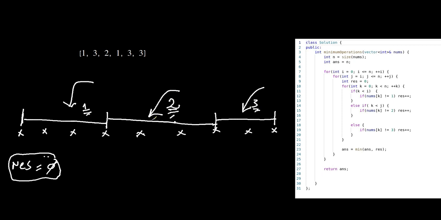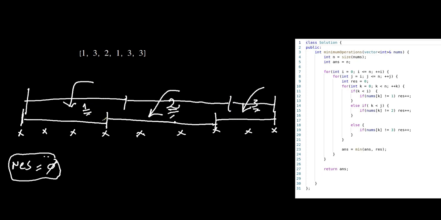Then we need to check different combinations of segments, so we need to change the length of these segments. We can try, for example, this one, and this, and this.